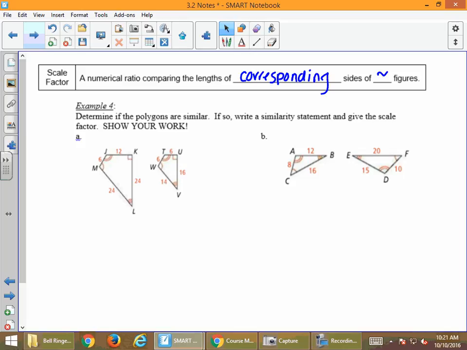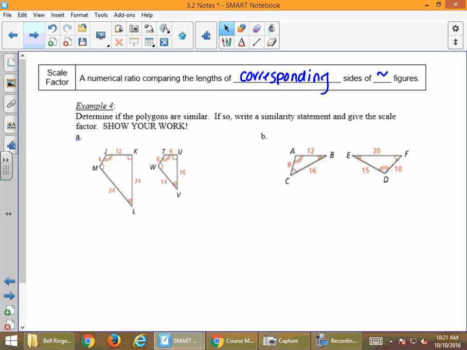So in example 4, we want to determine if the polygons are similar. If so, write a similarity statement and give the scale factor. Show all your work. So the first thing you need to do, always check, do the matching angles, are they congruent? Do they have the same markings? Okay, so we're good there.